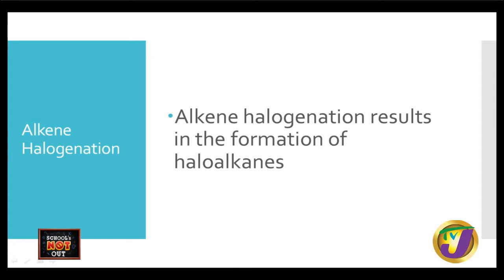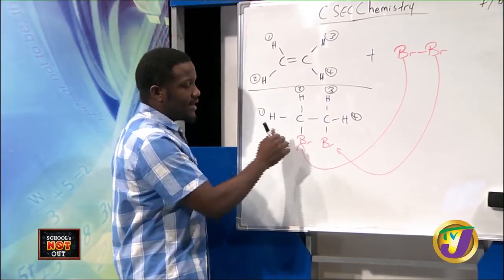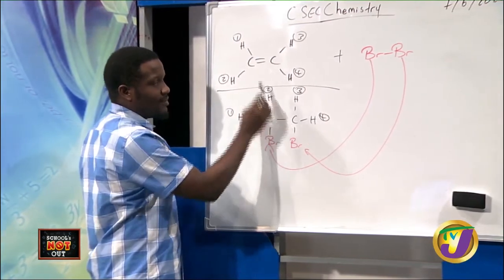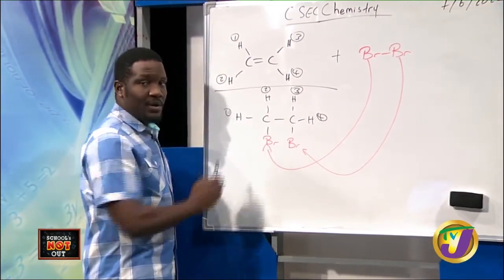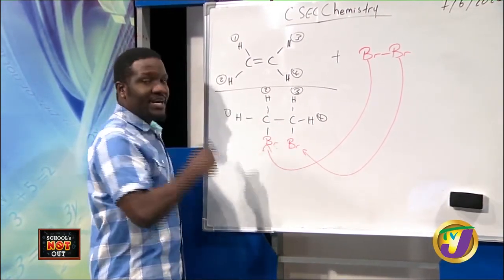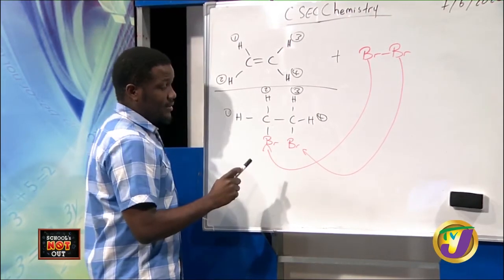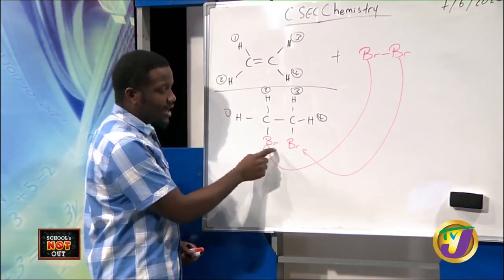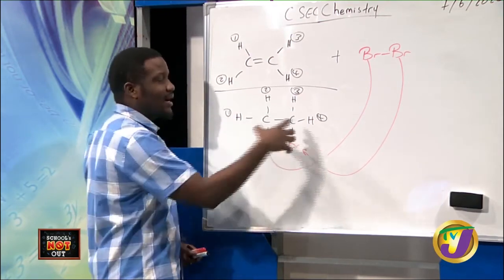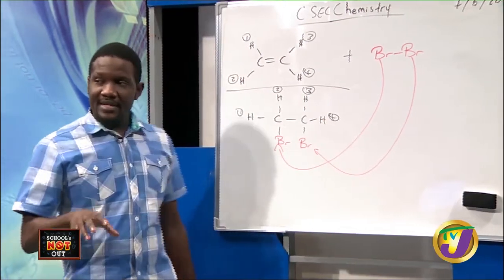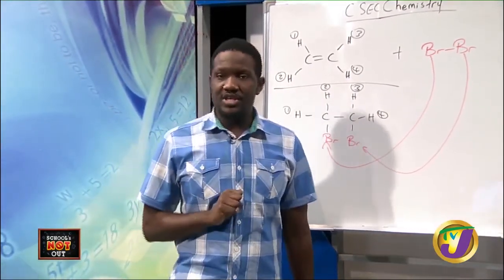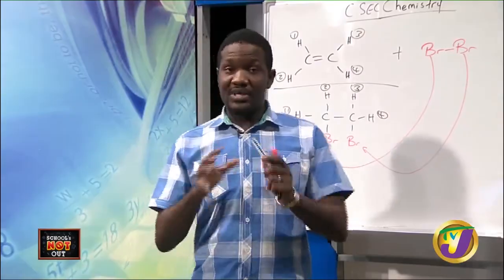So if we take a look on the board, right, we will see that the bond between the carbon has changed from a double bond to a single bond, which means that this compound is now an alkane. All right, it is now an alkane. And because halogens are now in it, it's called a haloalkane. So alkane halogenation and alkene halogenation, also, they both produce haloalkanes.